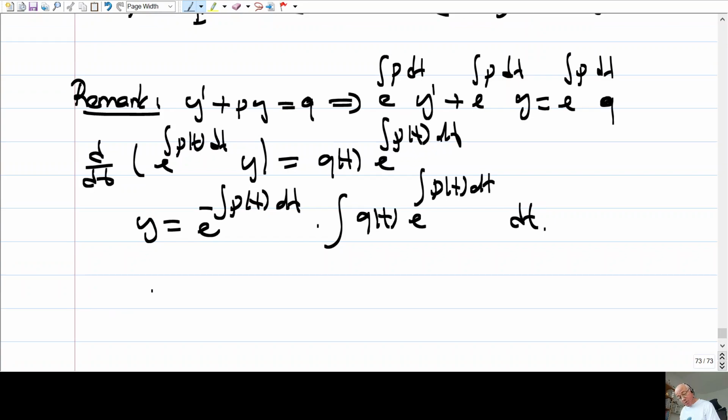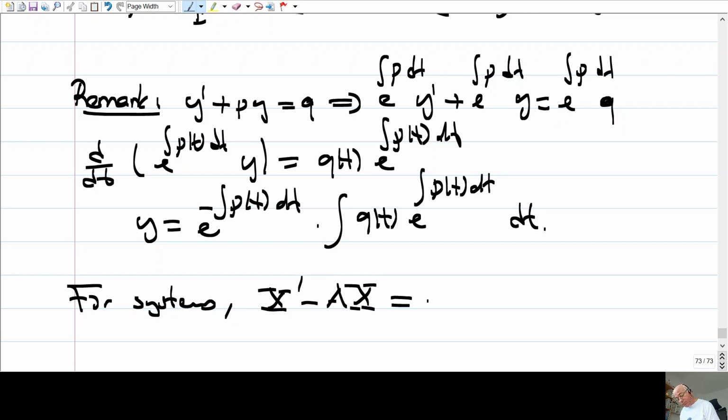We just repeat the same thing for systems. So for systems, I have x prime minus Ax equals g(t), right? So my function p is minus A and q is g, right? So p is minus A, a constant matrix, and q is this function g(t).